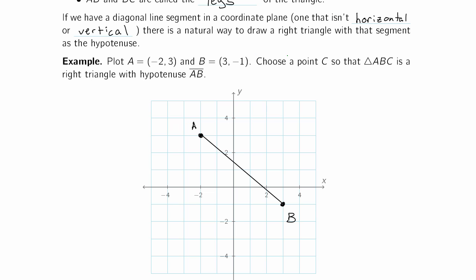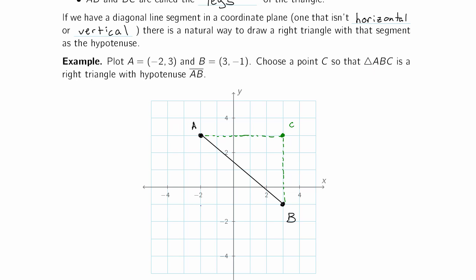Then I can easily choose a point C so that angle C is a right angle. Triangle ABC is a right triangle. I could choose this point up here, and then my legs would be this vertical line and this horizontal line.